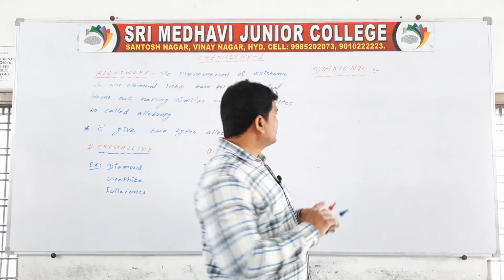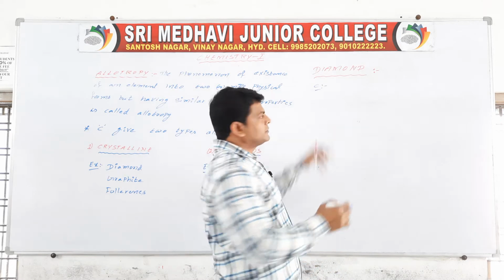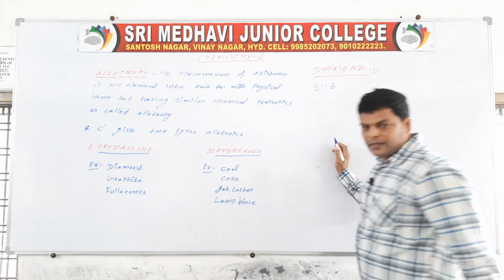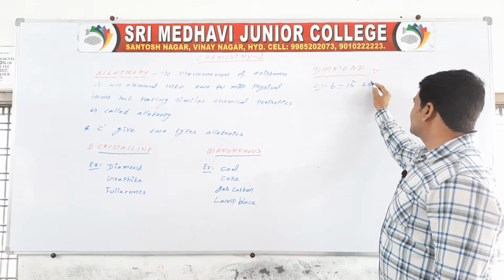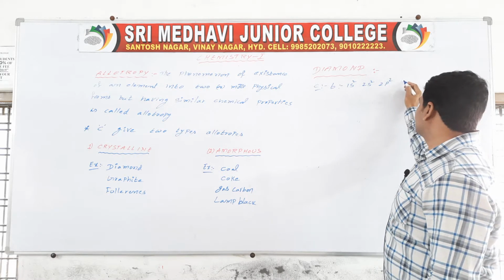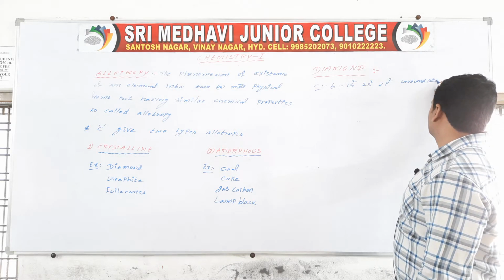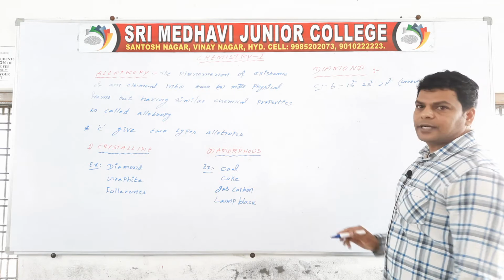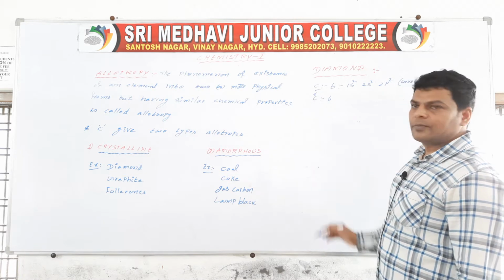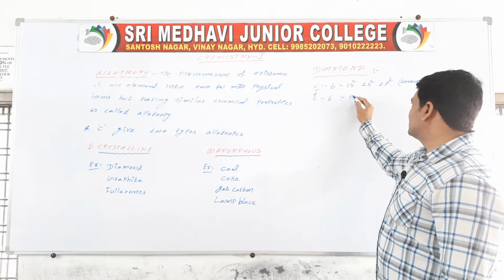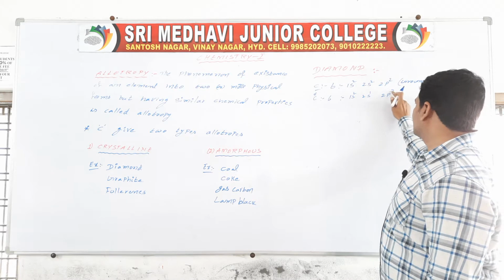Here the central atom is carbon, atomic number 6, electronic configuration 1s2, 2s2, 2p2. This is the ground state. In the excited state there is no change in atomic number, but the configuration changes to 1s2, 2s1, 2p3.